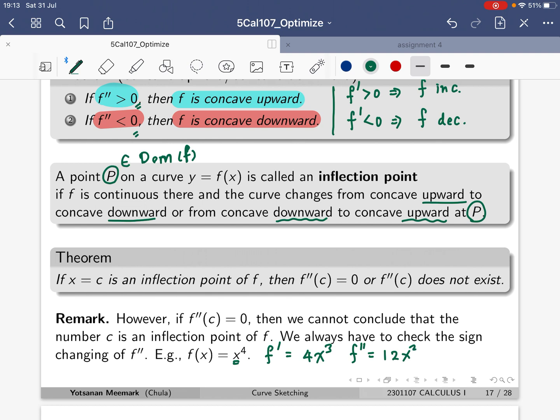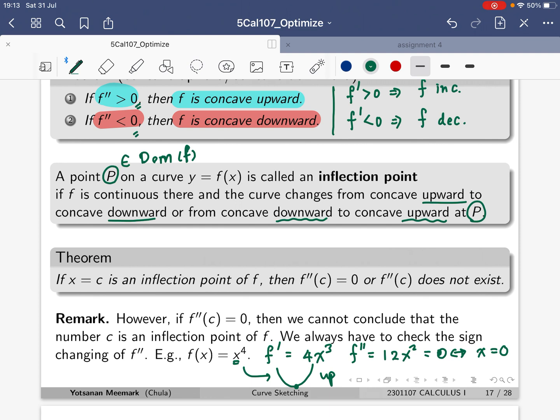This equals 0 whenever x equals 0. But the curve of x to the fourth looks like this, which is always concave upward. So 0 is not an inflection point.